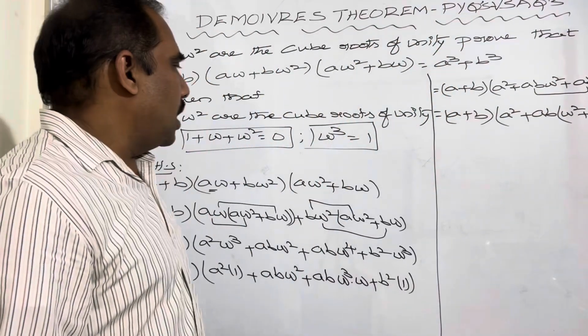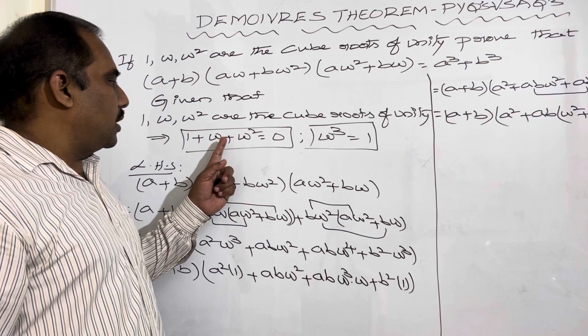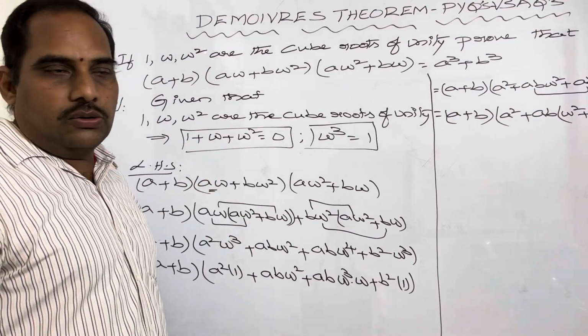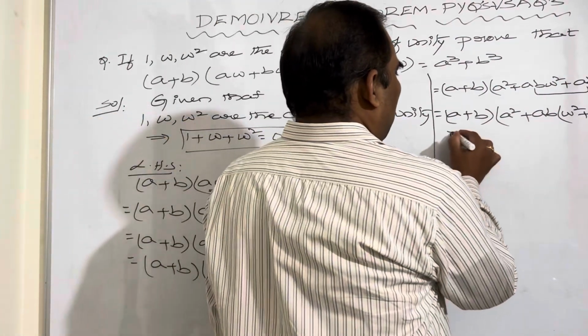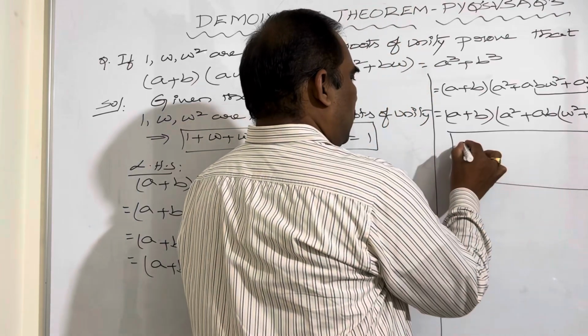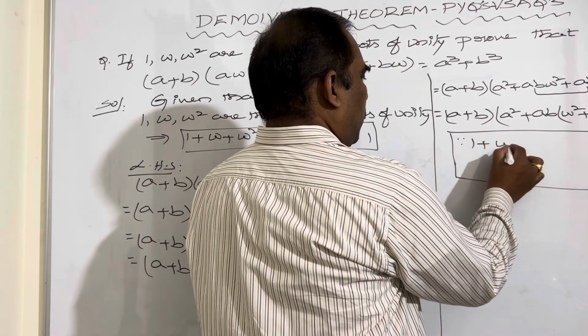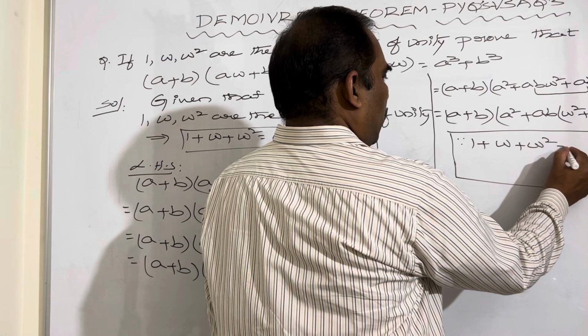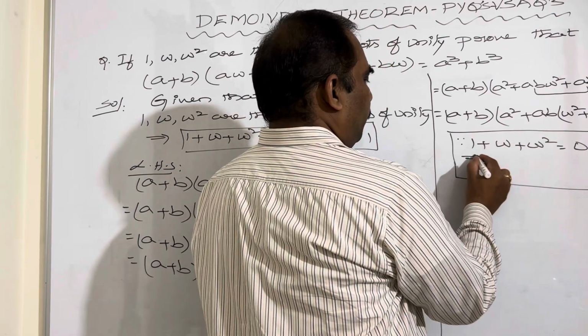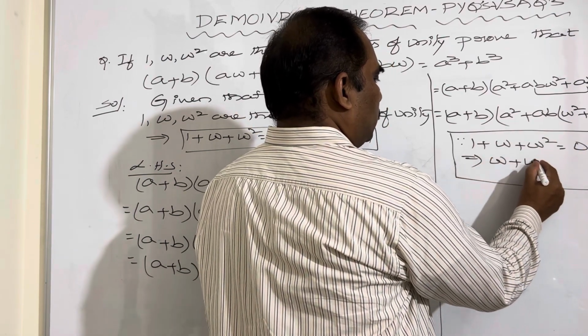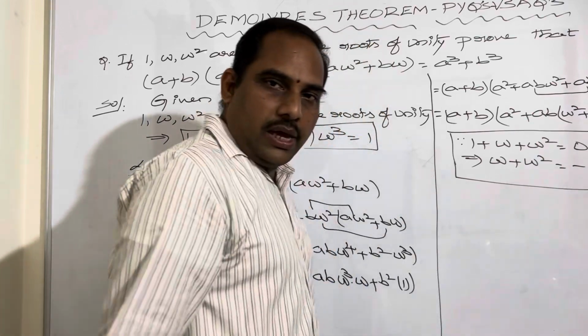So here, we already know that 1 plus omega plus omega square is equal to 0. So we have the condition 1 plus omega plus omega square equals 0. From this, omega plus omega square is equal to minus 1.